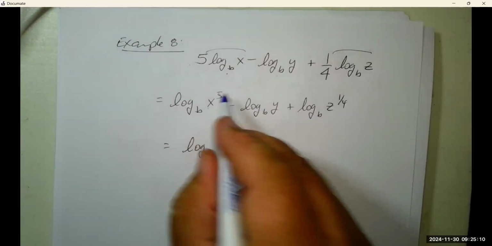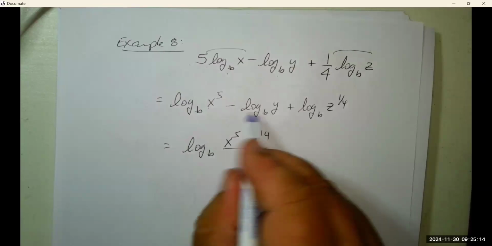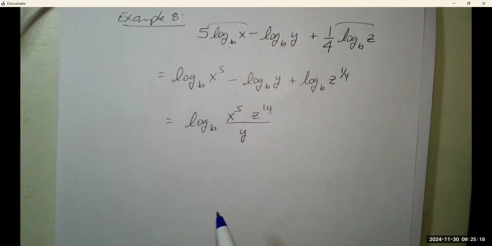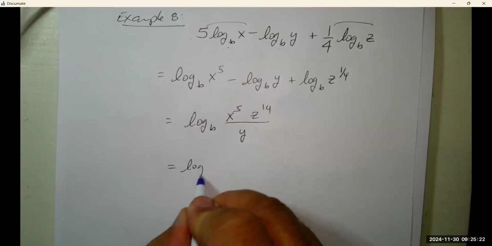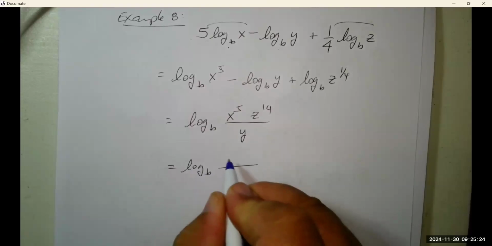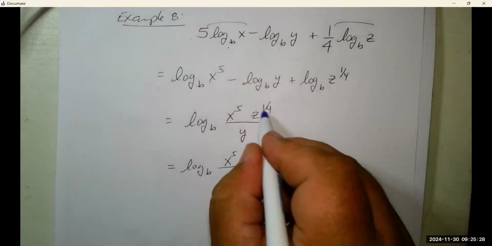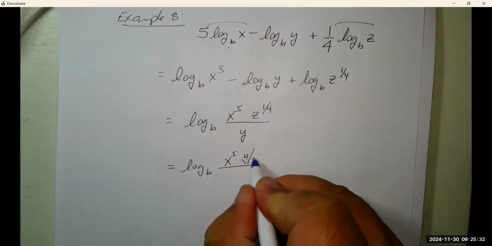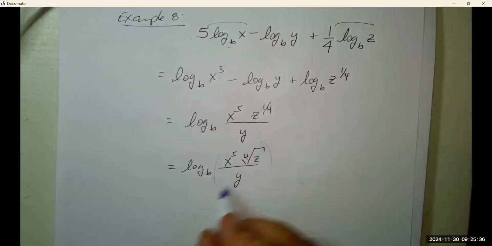That was a plus, it goes on top. This one's a plus, goes on top. And this is a minus, it goes on the bottom. And the last thing we can do, since this is a fractional 1/4 exponent, is make that into a fourth root. And there's our answer.